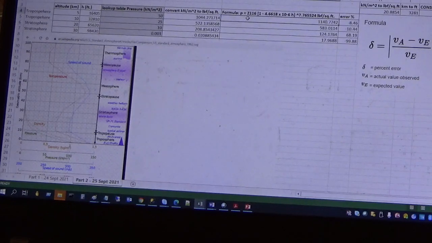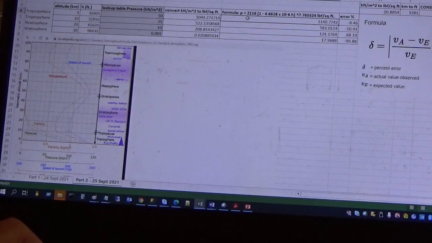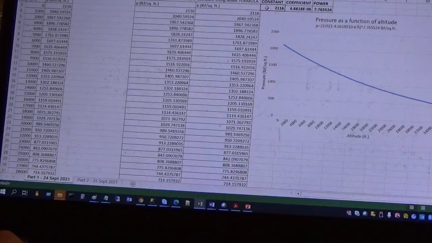Next, we're going to take the pressure that we calculated using the formula in the last assignment, and we're going to use the height in feet as our h and fill that into the formula. This time I've got the formula looking at a constant times 1 minus a coefficient times the height raised to a power. And so you can see here that our constant is this 2,116.